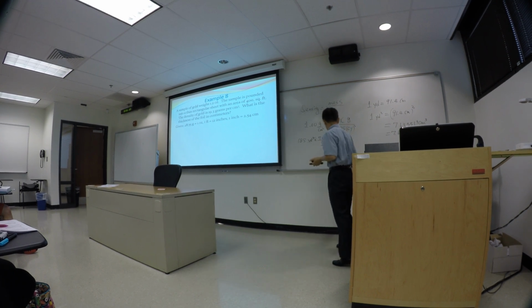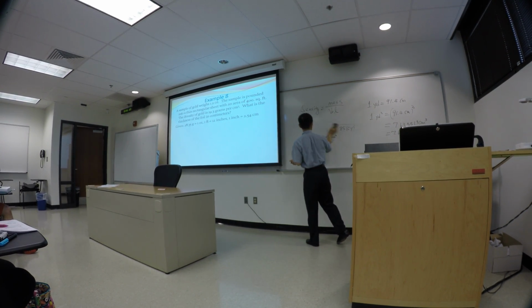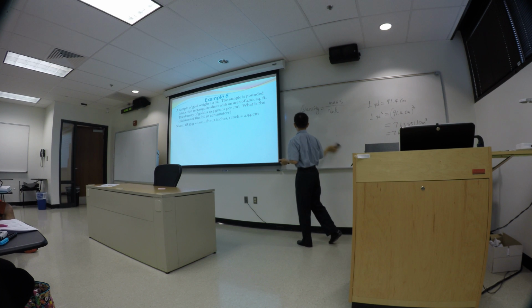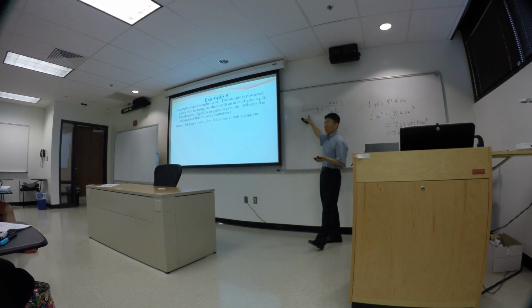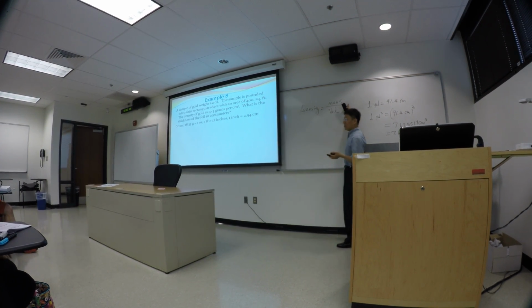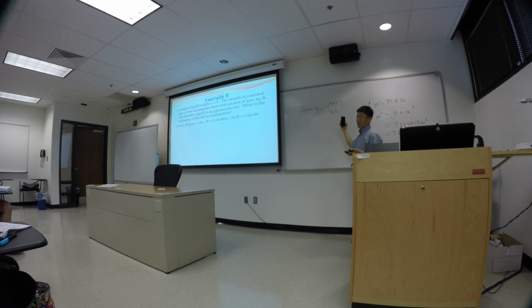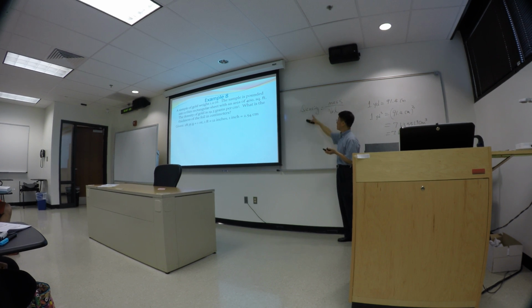So again, in this particular question, you can see density is given, 19.3 grams. Okay? Mass is given, 1.2 ounce. Volume is not given. So based on this definition, density given, mass given, we can figure out the volume.